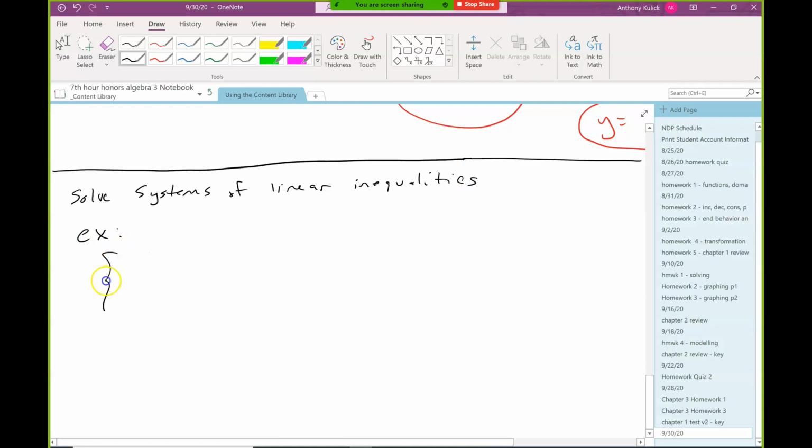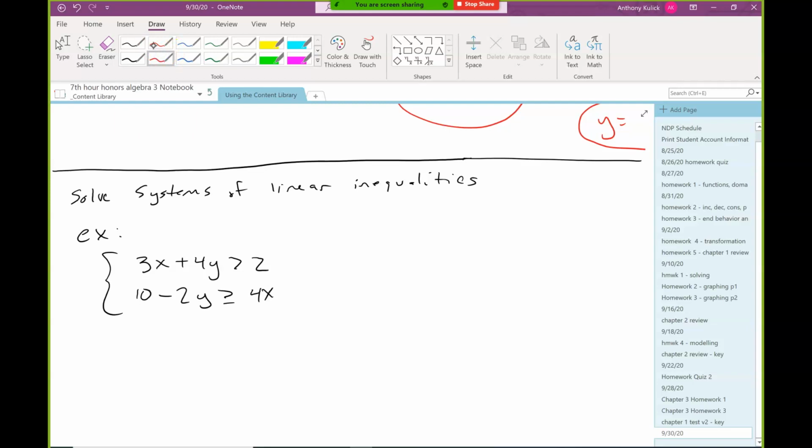An example of that could be something like this.